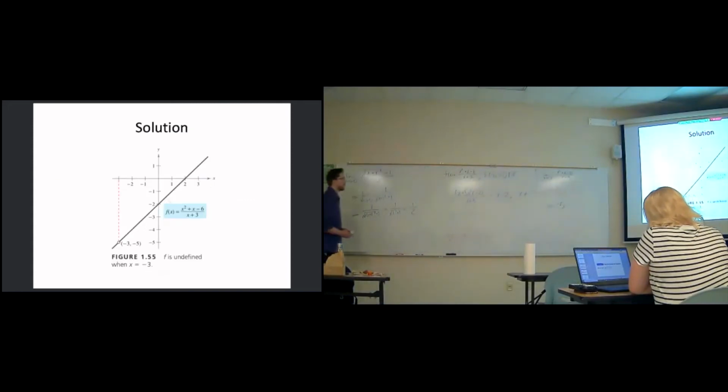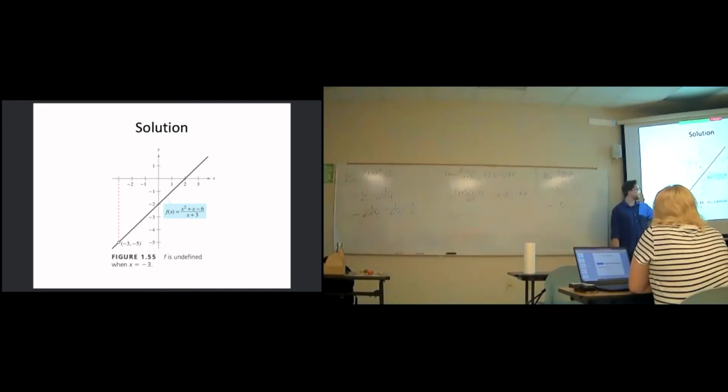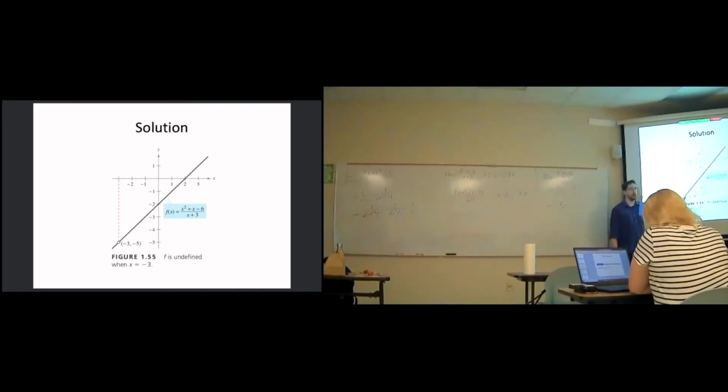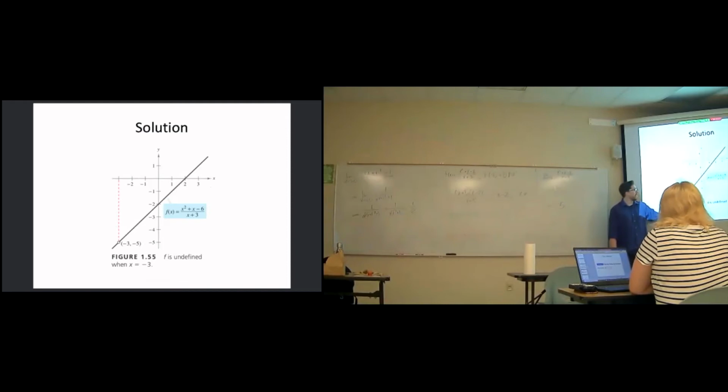So what's happening is our original function has a hole right here at -3, and we're plugging that hole with another function. Because we can plug that hole with another function, and that other function has a clear limit that we can evaluate, let's go ahead and use that instead. That's all we do.